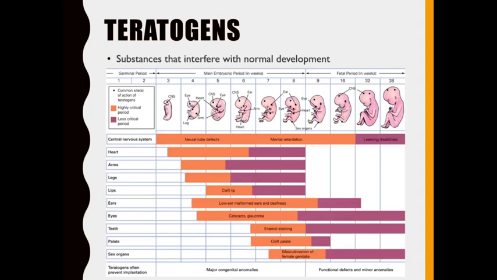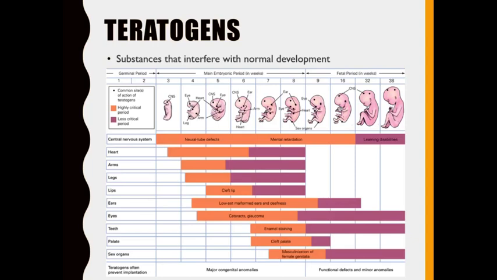If mom's exposed to German measles, it's called, during a critical period in fetal development, it can interfere with the developing eyes and the baby can be born blind. So it's one of the reasons why moms are encouraged to have up-to-date vaccines, because being exposed to something could then end up with long-term outcomes for the baby.